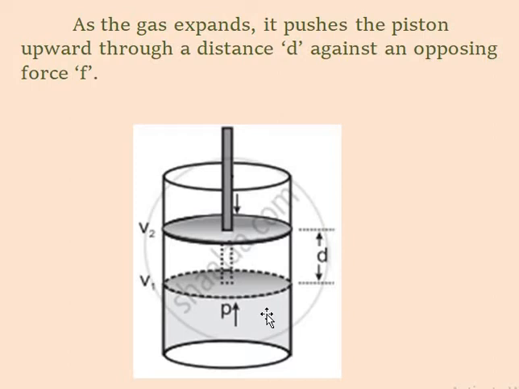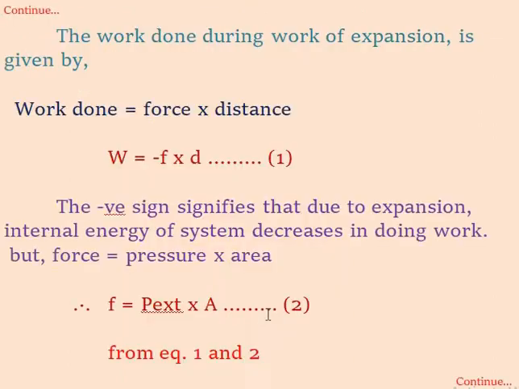From this, we consider the work done during the expansion. The work done equals force into displacement. In symbolic form, this work done is represented by W equals minus F into d.